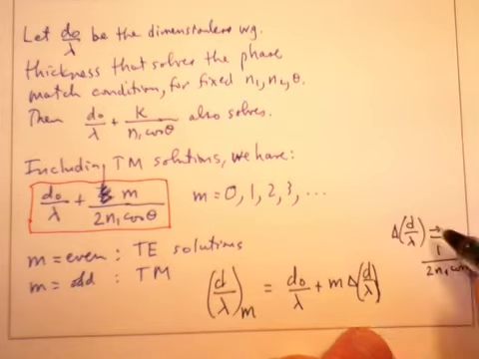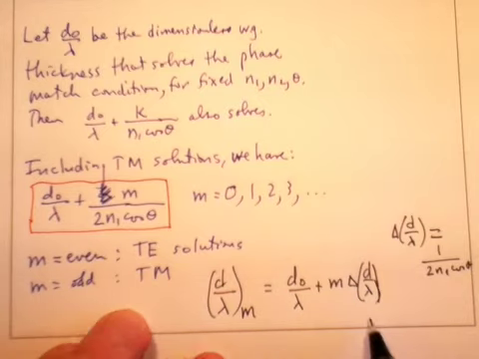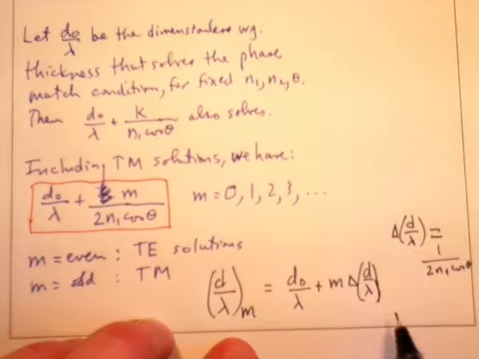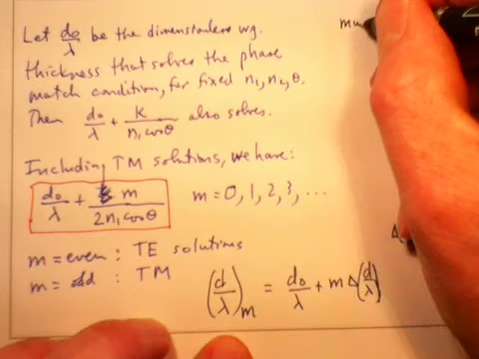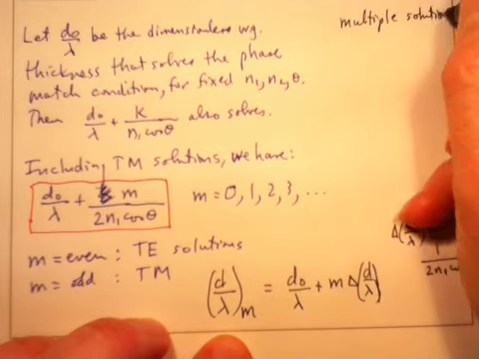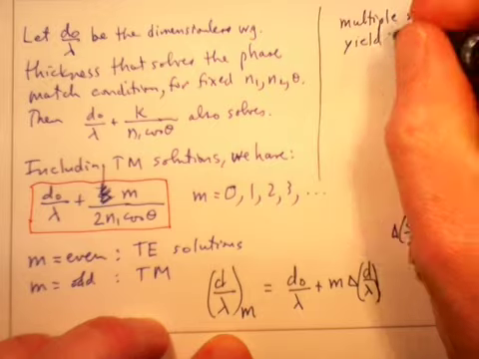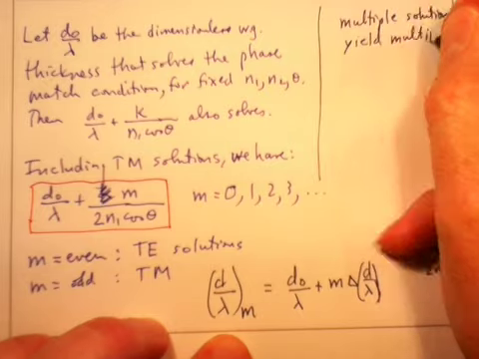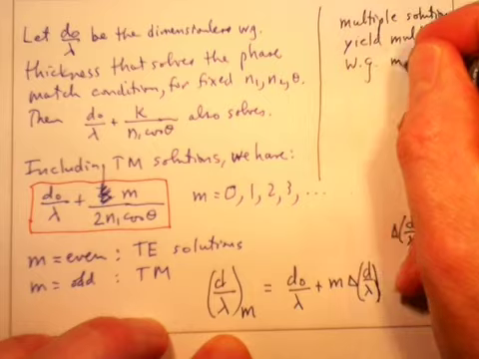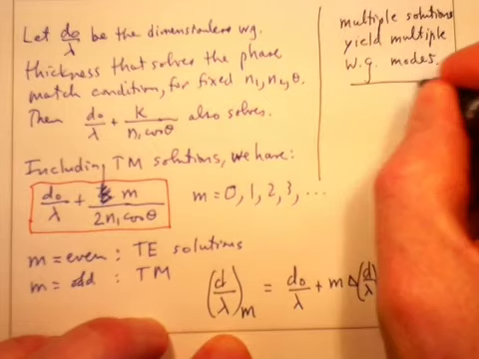Okay, and so these give the other modes. So these multiple solutions yield multiple waveguide modes. Okay, and I'll continue with the discussion in the next video.